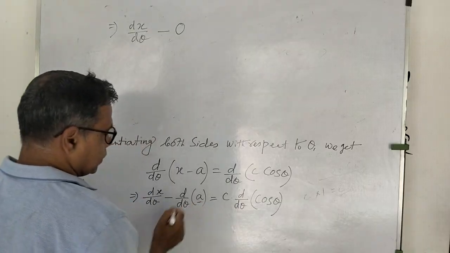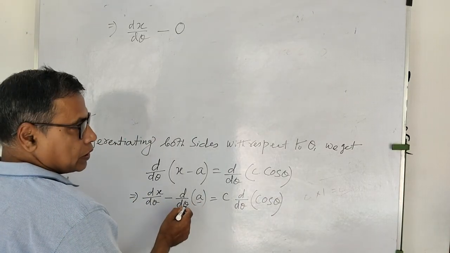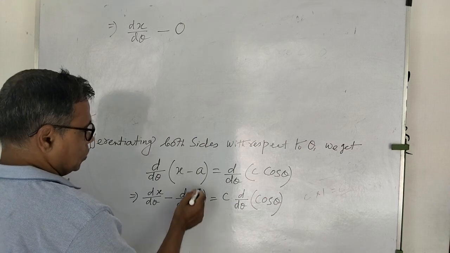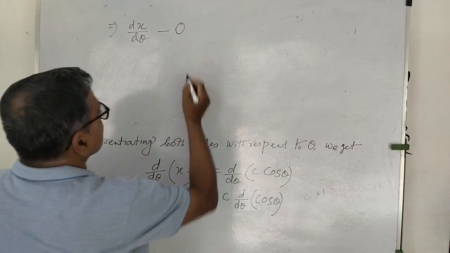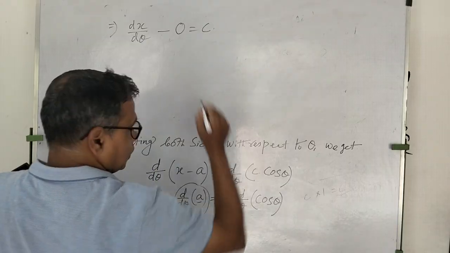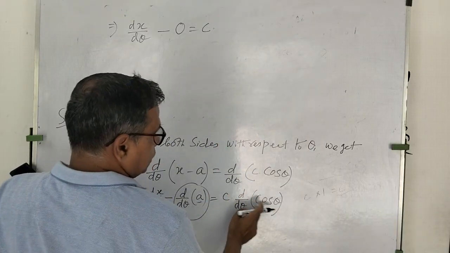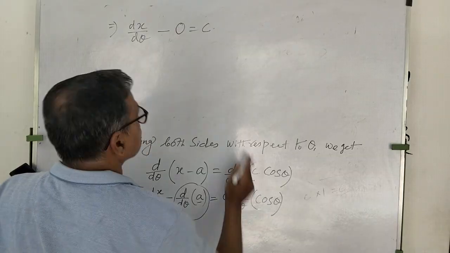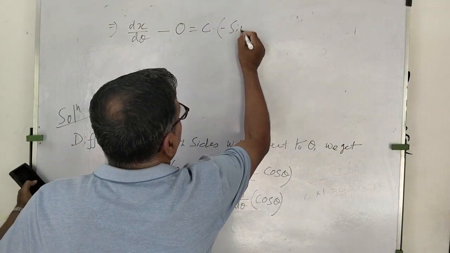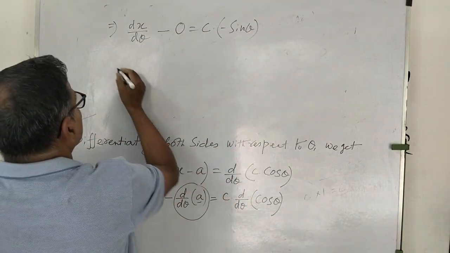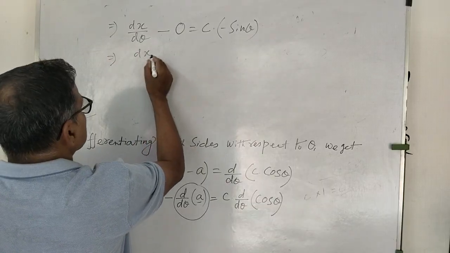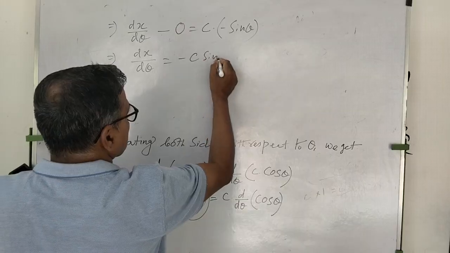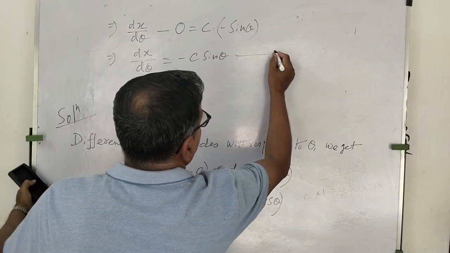Because a is a constant, and differentiation of any constant number is 0. So this equals c times the derivative of cos θ, which is −sin θ. This implies dx/dθ = −c sin θ. This is number 1.